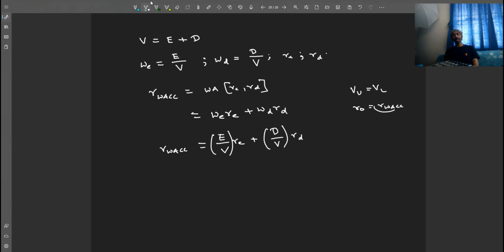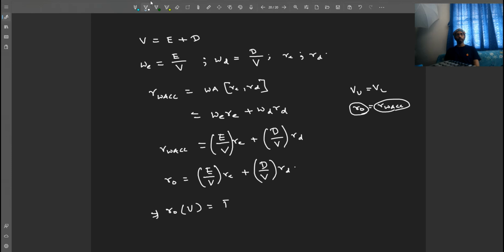So we replace RWACC with R0. So R0 is equal to E by V into RE plus D by V into RD. This implies we multiply with V on both sides. This gives us R0 into V is equal to E into RE plus D into RD.